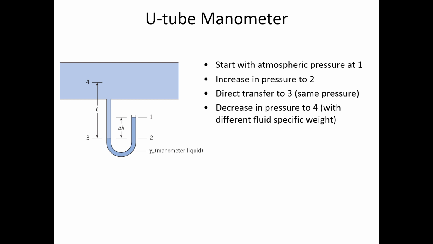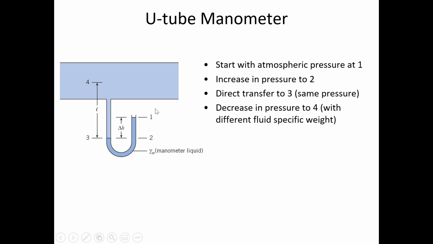And then you work downward, fluid by fluid, one layer at a time, towards the unknown. The same thing applies here. You start at location 1 because you know the pressure of the liquid right at the top of that U-tube is the same as the pressure of the atmosphere. So at location 1, it's atmospheric pressure.